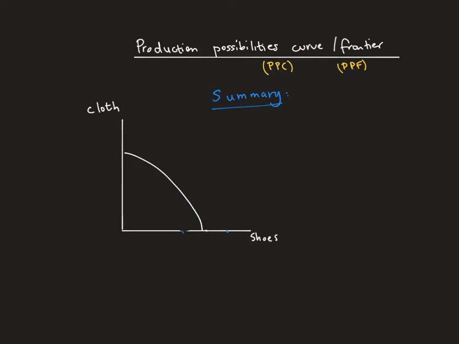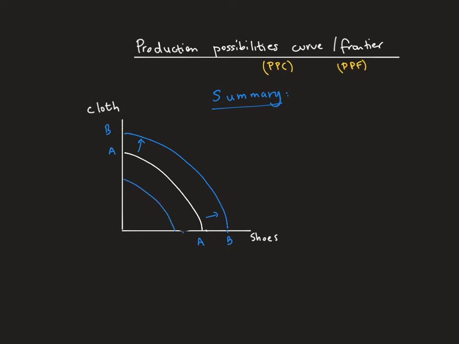And the last case, where we find improvement in technology or productivity for those two products, for cloth and for shoes, we can move outwards. So again, original PPC curve AA moving out to BB, representing a situation of improved technology or improved production technique. But what happens if we move to the left-hand side?